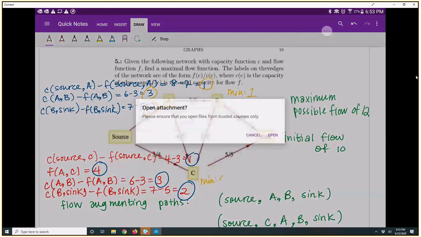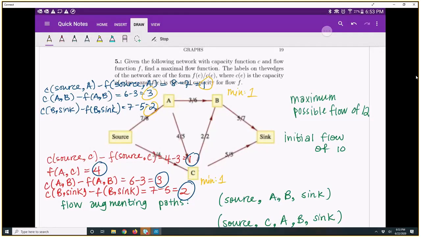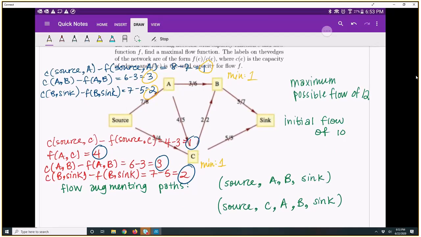So what that tells me is that through each of these flow augmenting paths, I can send 1. And I just want to be a little careful because they are using part of the same path from A to B to sink. So if I look at the numbers from A to B to sink, I just want to make sure that I actually have enough room to send 2.